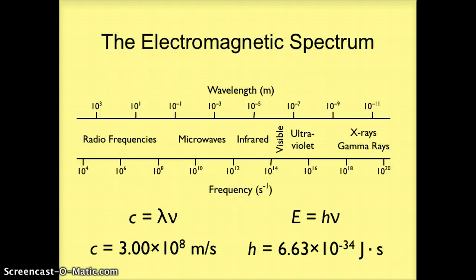A couple other things that we should review as we are working our way through this unit is the electromagnetic spectrum. So take a moment to review what we have talked about before.